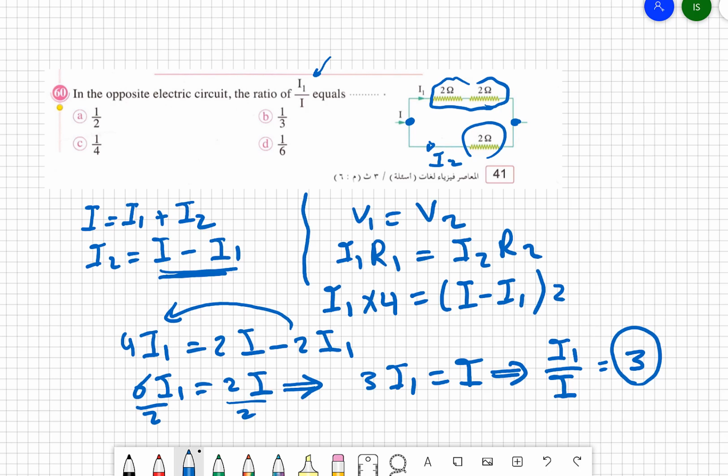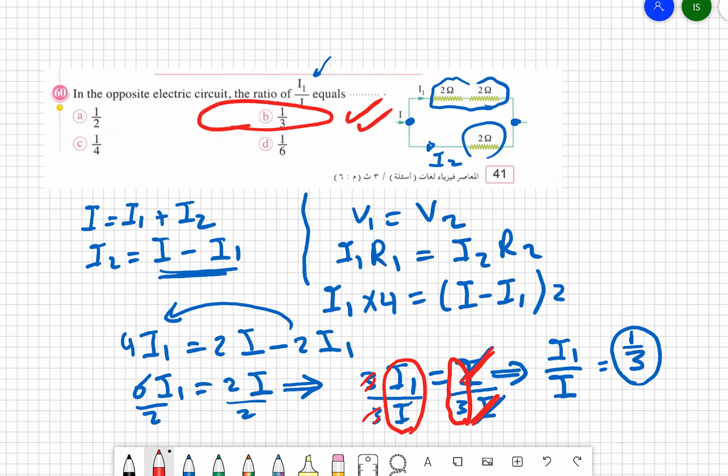So the answer is 1 over 3. You can do it, guys: divide by 3 I over 3 I. I goes with I, and 3 goes with 3, so I1 over I equals 1 over 3. So the right answer is 1 over 3.